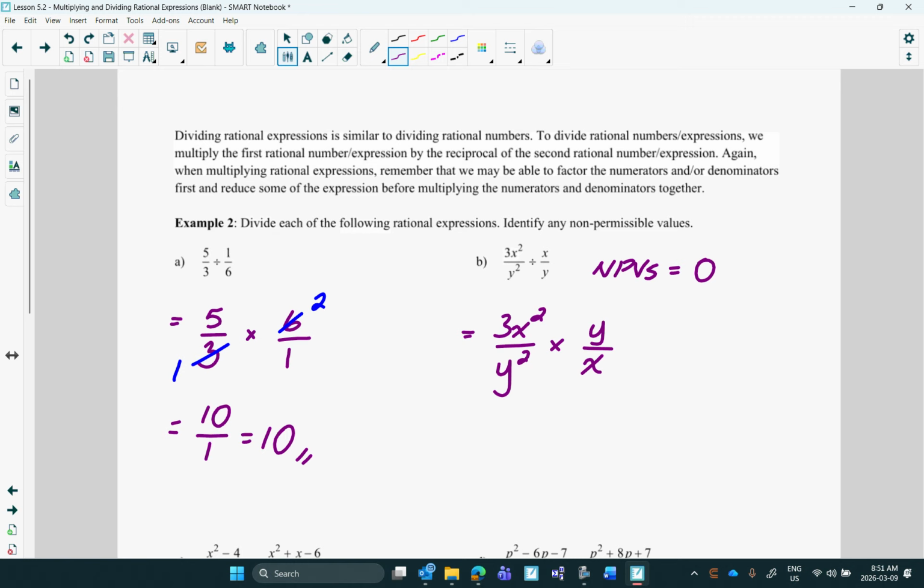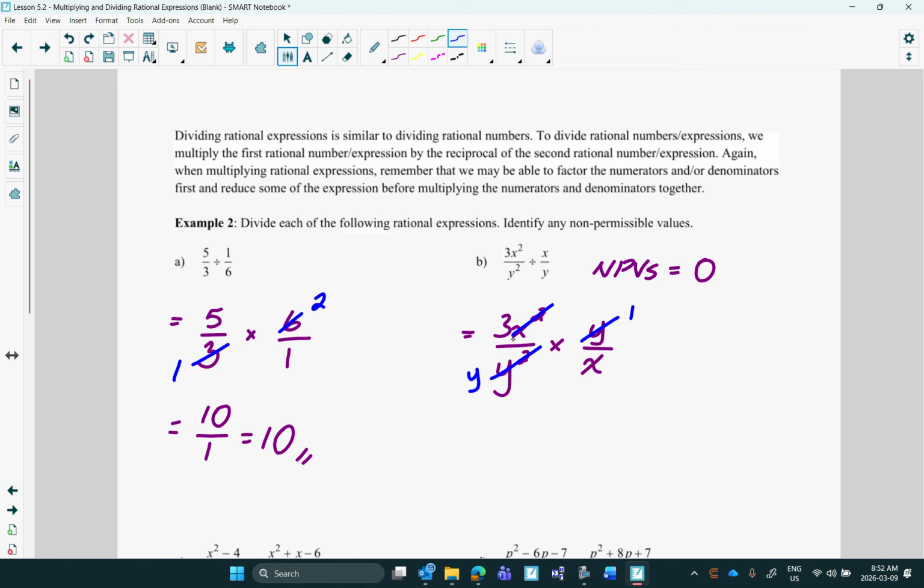Notice I got a new variable in the denominator. What's the NPV for this one? Still 0, right? So I'm good here. Now, what can I reduce? Sorry.